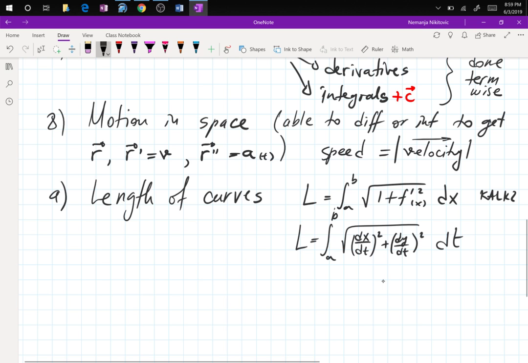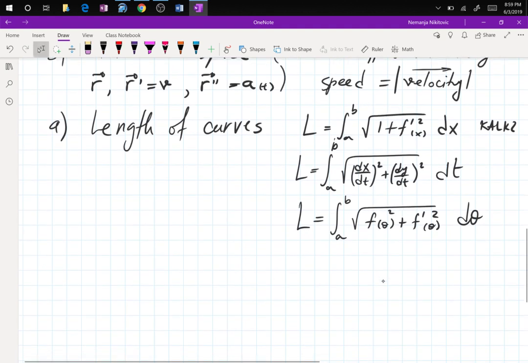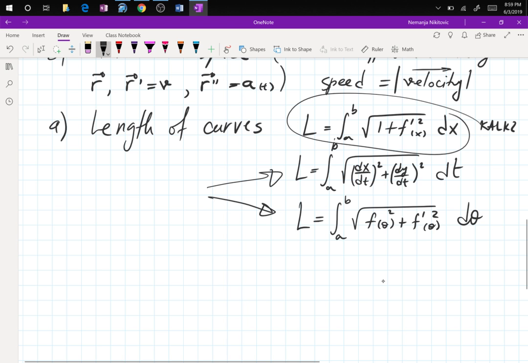And finally polar, integral a to b square root of f of theta squared plus f prime of theta squared d theta. So those are the three formulas. Now the chances are 90% that you're going to have one of these two, and 10% that I'm going to put a Calc 2 one instead of the ones that we learned in Calc 3. So that was point number 9.